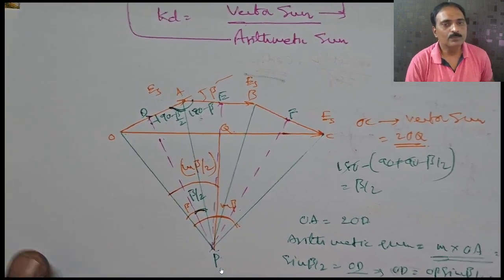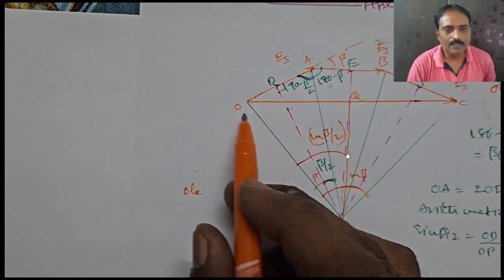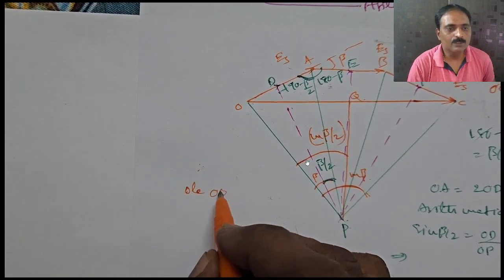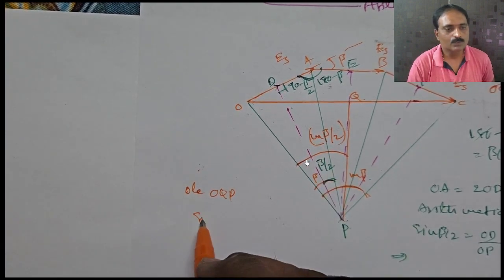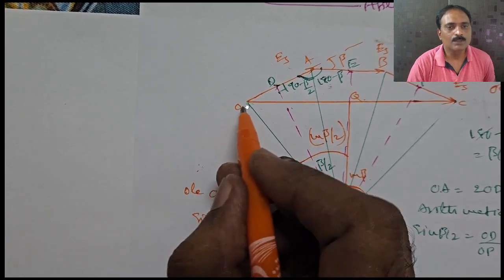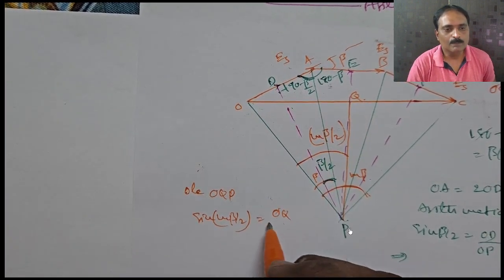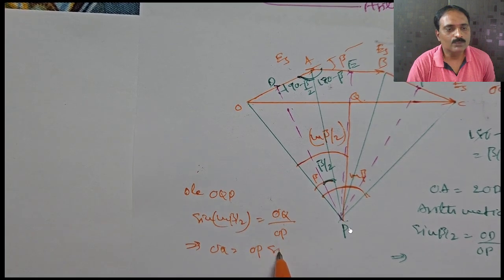From this OQP right angle triangle, find out the sine of this angle, that is m beta by 2. So we get sine of m beta by 2 is equal to opposite side by hypotenuse, OQ by OP, and from this we get OQ is equal to OP sine of m beta by 2.